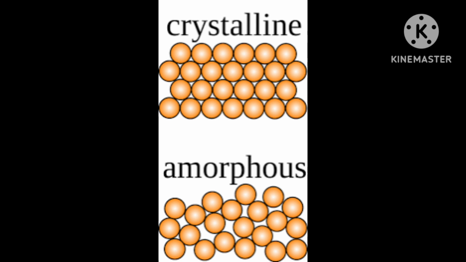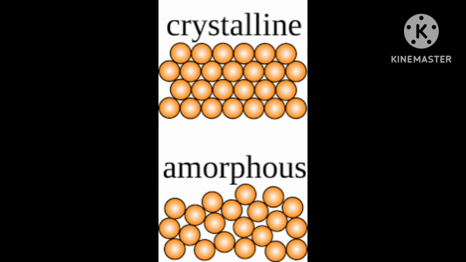Now I am telling about hydrogen bonded molecular solids. The molecules of such solids contain polar covalent bonds. Hydrogen is always common because it is a hydrogen bonded molecular solid, hence hydrogen must be there.